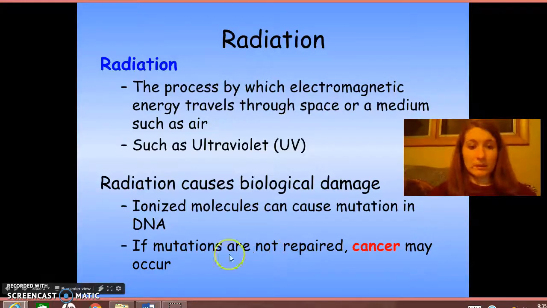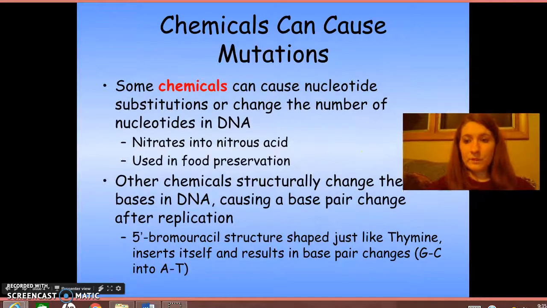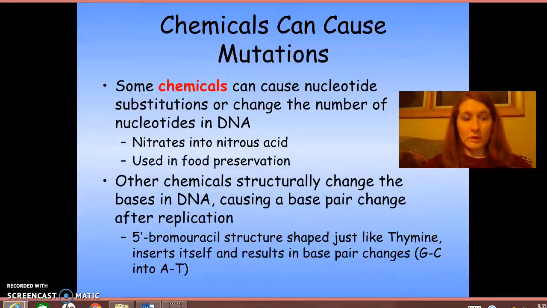And yes, as I said, cancer may occur. There are also some chemicals that can cause mutations, and they can cause nucleotide substitutions or a change in the number of nucleotides in the DNA.